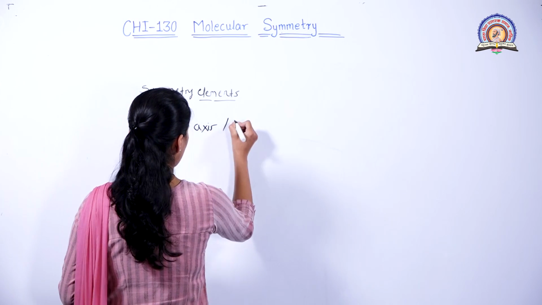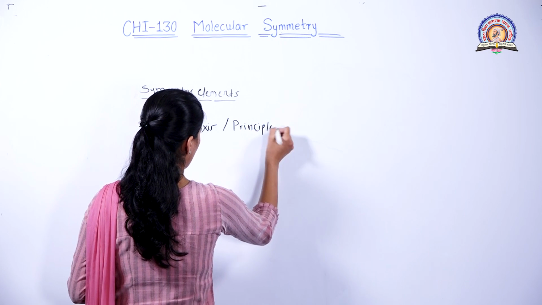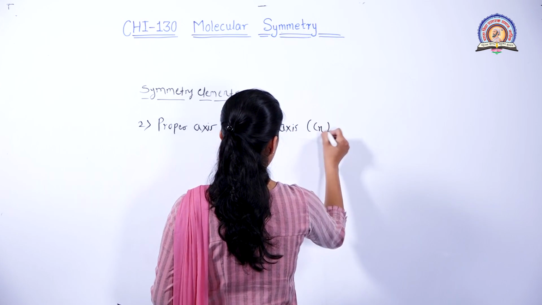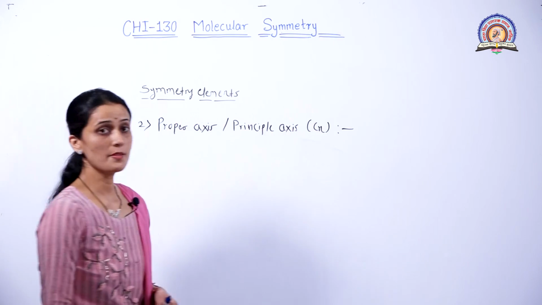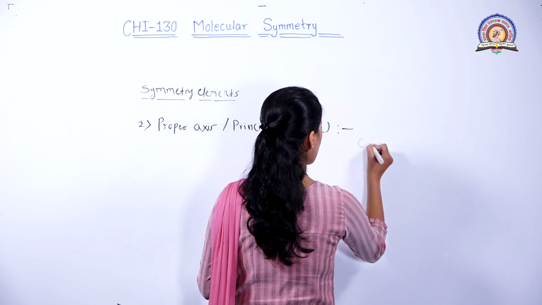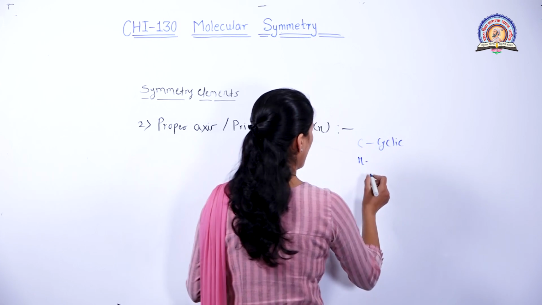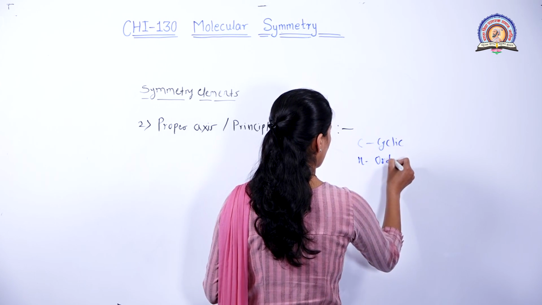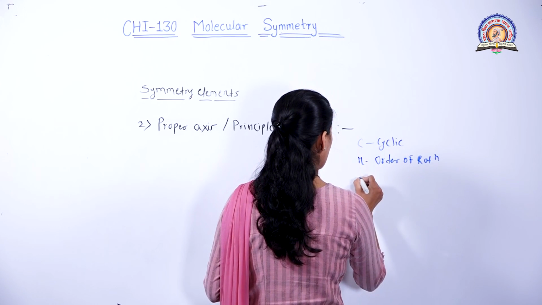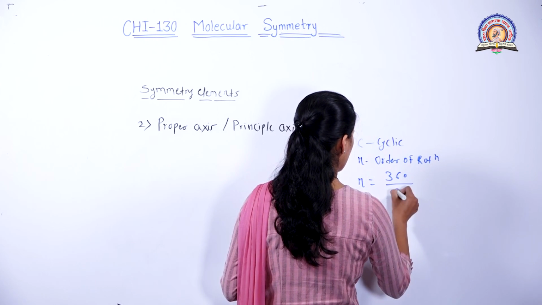Proper axis or principal axis, which is denoted by Cn. What is meant by C and what is meant by n? C is nothing but cyclic, and n is the order of rotation, where n is equal to 360 divided by theta.